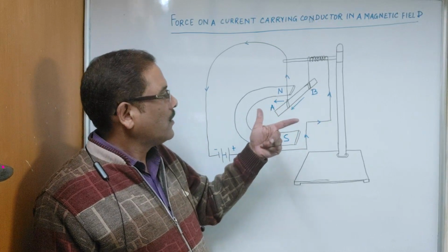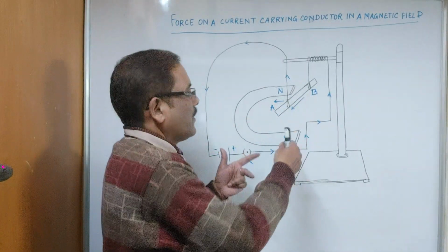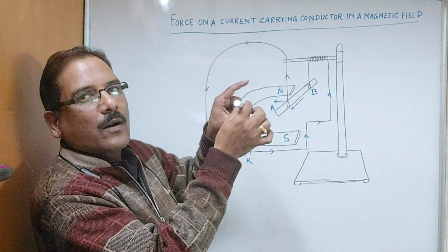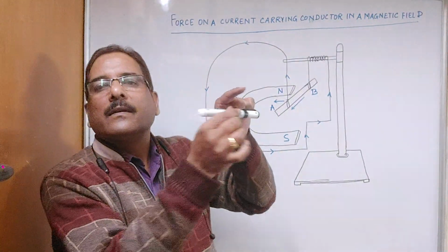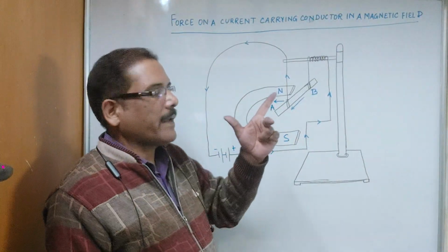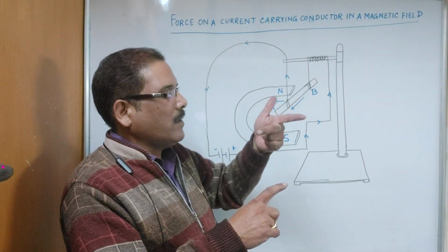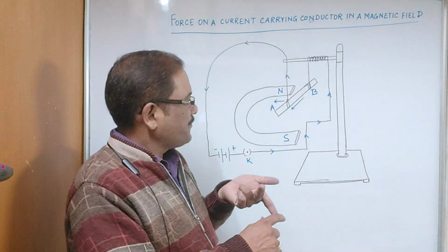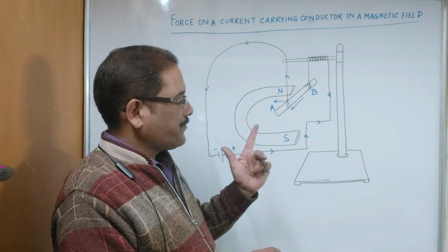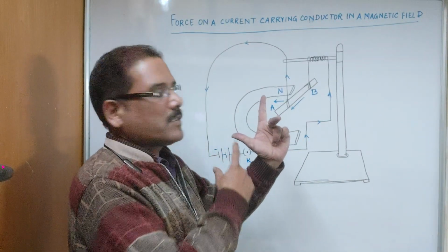So the rod is facing towards you in this case, because the magnet is like this, south pole, north pole, and we have placed the rod in between, like this. So the rod is facing you, and this is the direction of current from B to A, and the magnetic field is in the upward direction, so the force is towards the left.